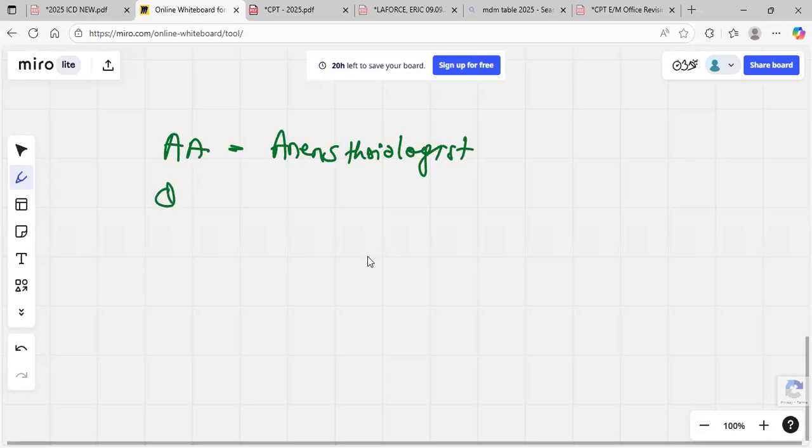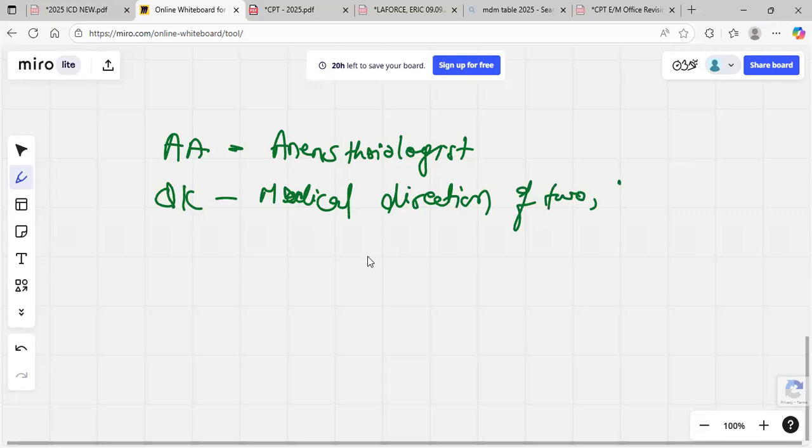Then we have the QK modifier. We have to use the modifier QK when it is medical direction of 2, 3 or 4 concurrent anesthesia procedures by a physician.